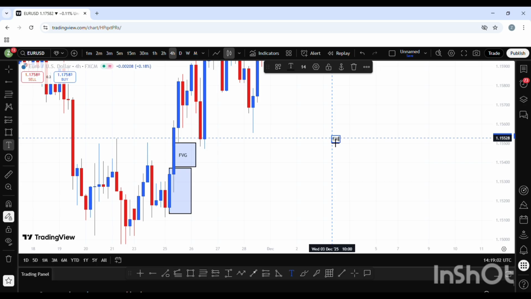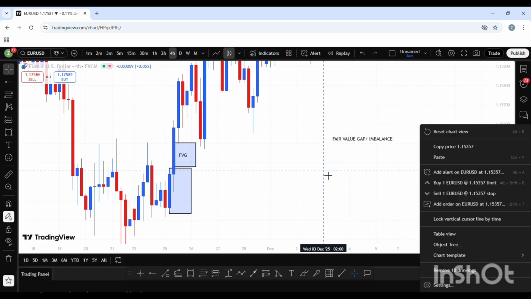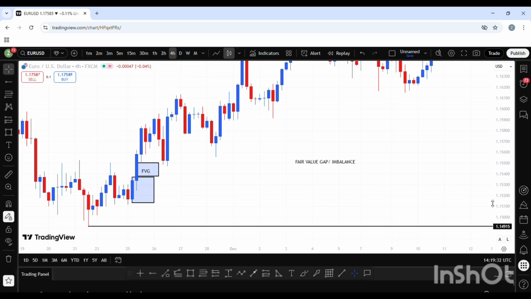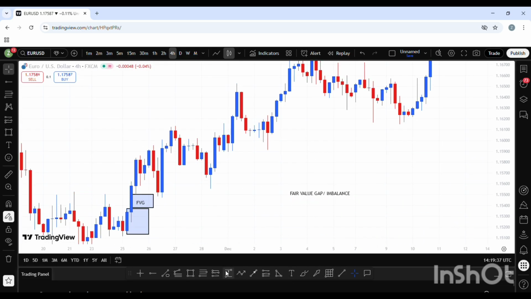Are we together? Let me type it here: fair value gap or FV imbalance. If your order block has no FVG, just know that it is support or resistance. If it's in a bullish market at the start of the impulsive move, just know that's support. If it's in a bearish trend and it's at the start of the retracement, just know that is resistance.